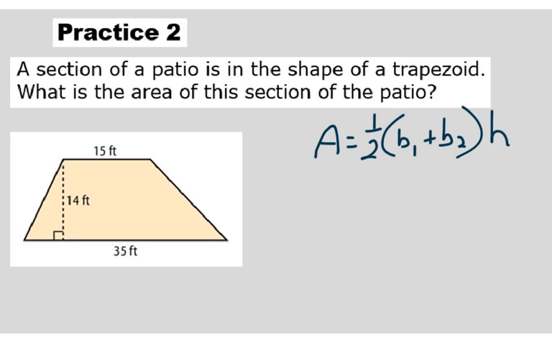Earlier I showed you the diagram where we draw an additional trapezoid that's the same size and turn it into a parallelogram. But for this one, let's just go ahead and plug our numbers into the formula and work through it. So I'm just going to keep the 1/2, and I'm going to do my order of operations. I want to do the parentheses. So inside the parentheses, we have a base 1 and base 2.